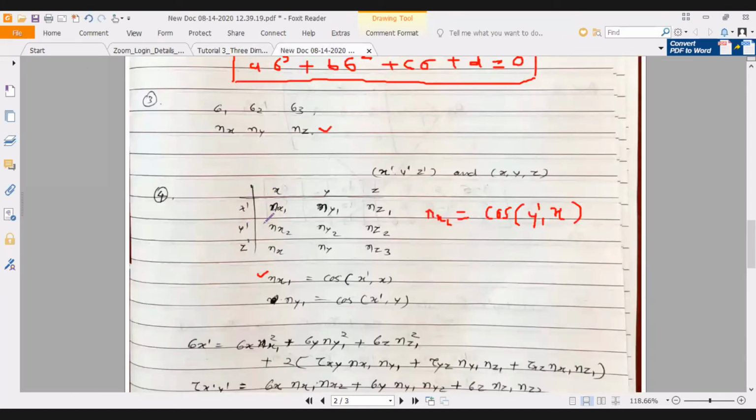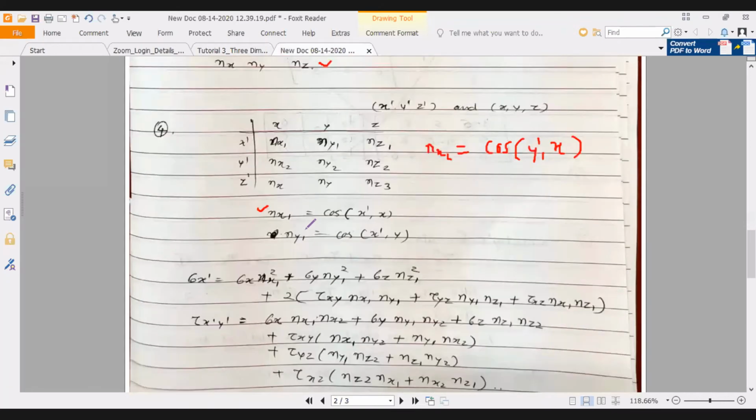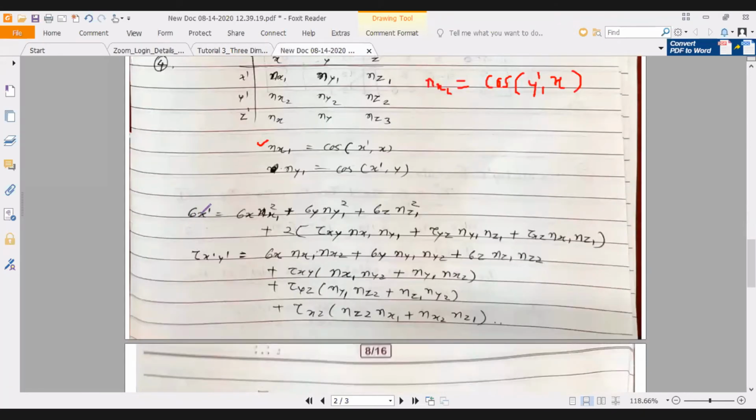This is this matrix. Okay, so again this relation you should be aware of. This relation will come from the coordinate transformation technique.